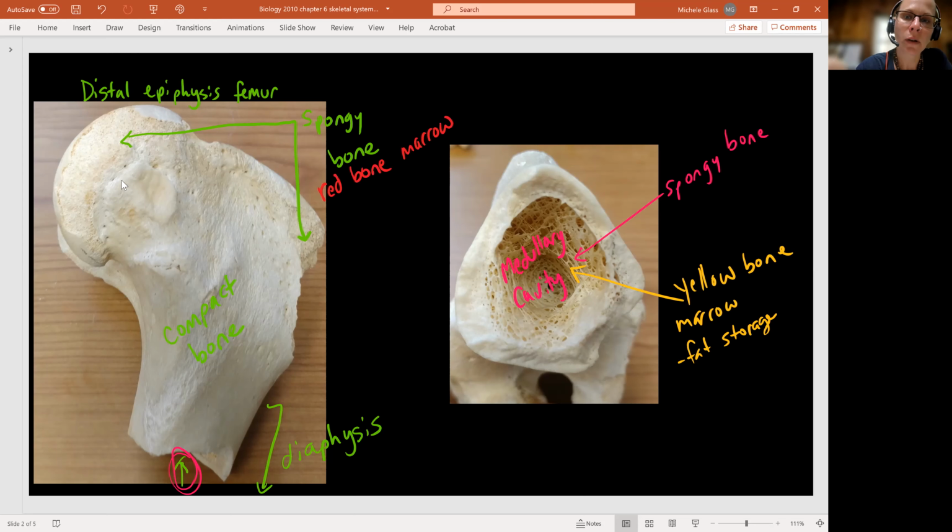And our red bone marrow is the location for what we call hematopoiesis, which, remember, is the formation of blood cells. So we've taught before about one of the important functions of the skeletal system is to provide this location for hematopoiesis.